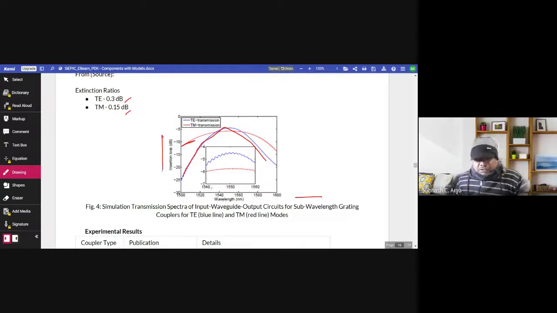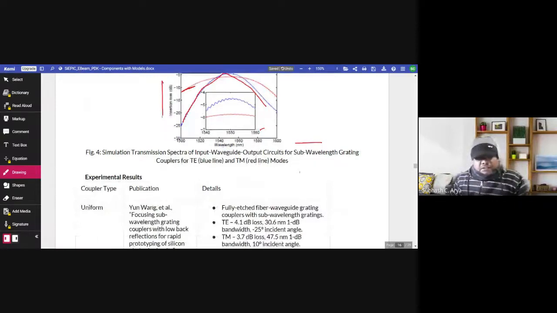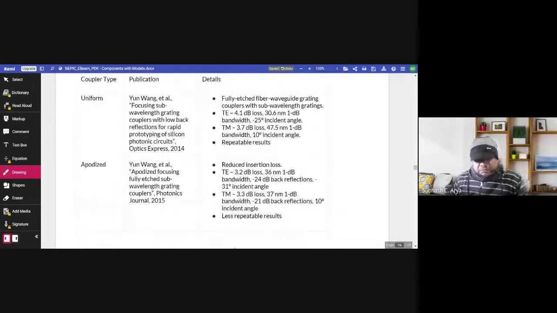Okay, this is the 1 dB bandwidth, from 1540 to 1560 nanometer. And okay, before going further, let me share my screen. So go for window in here.